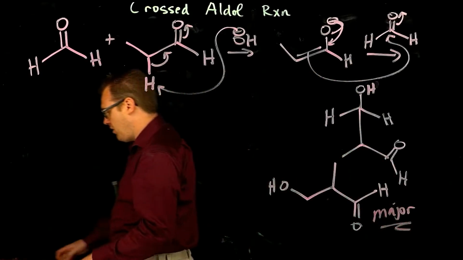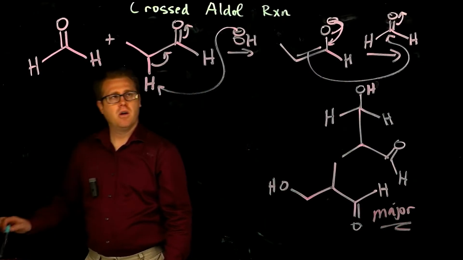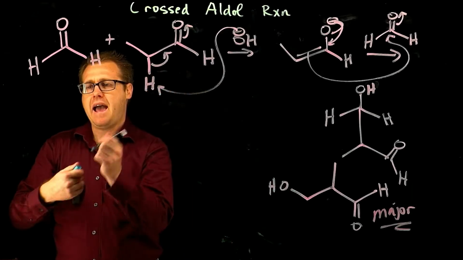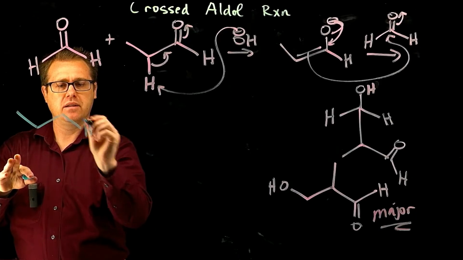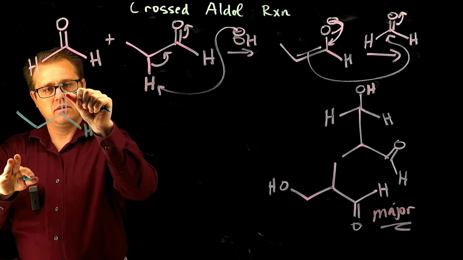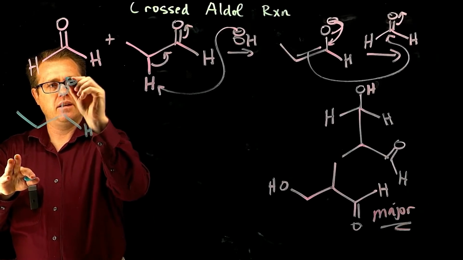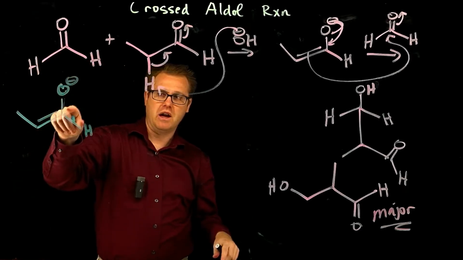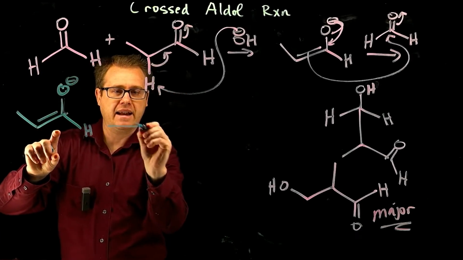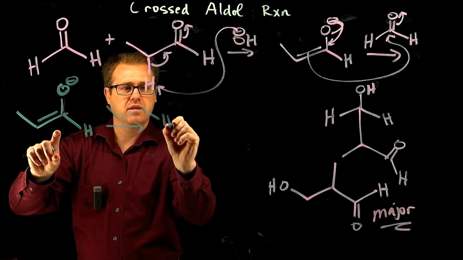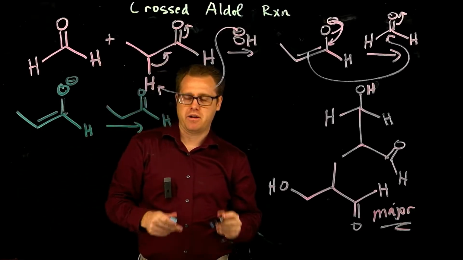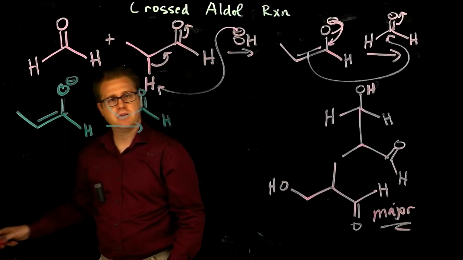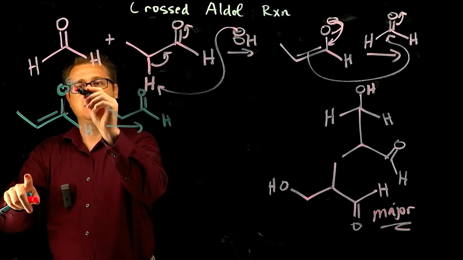But you might be thinking, whoa, whoa, whoa. Why could we not have this get converted into an enolate? Let's make that an enolate. Why could you not just make this enolate and then react it with itself? Yeah, why can this not happen? Well, it can.